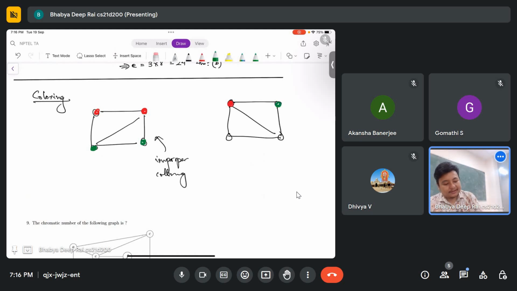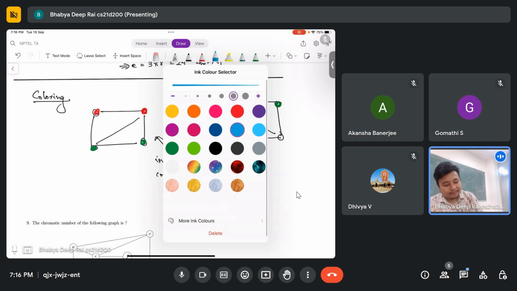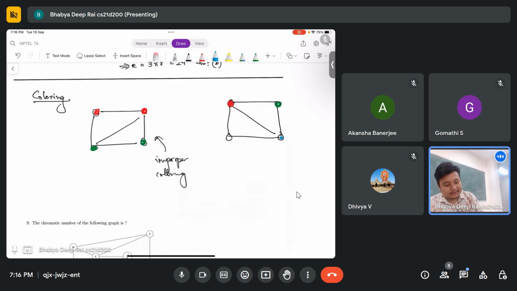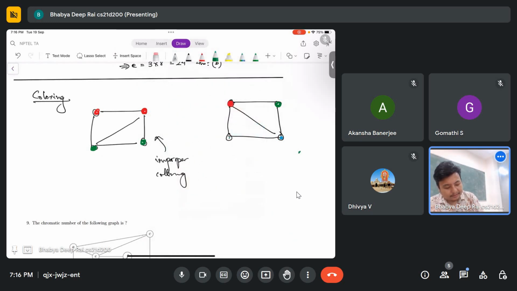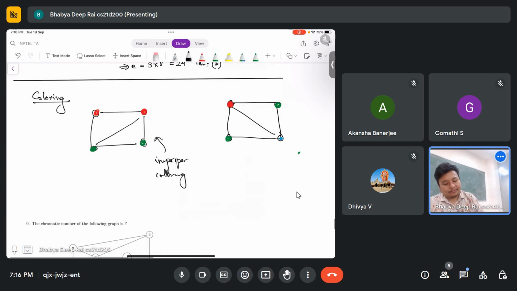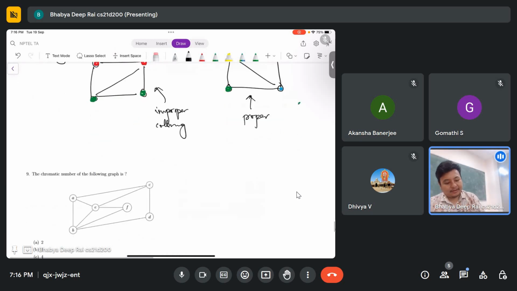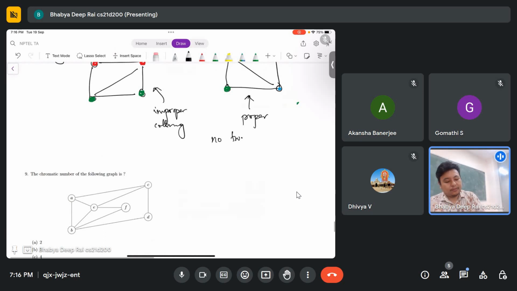This, and this, and green again, let's say. This is a proper coloring. Why? Because no two same colored vertices share an edge.